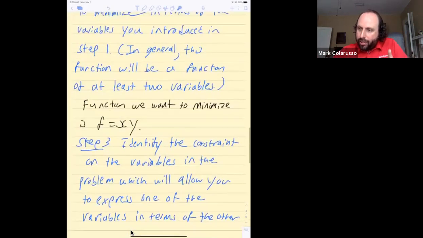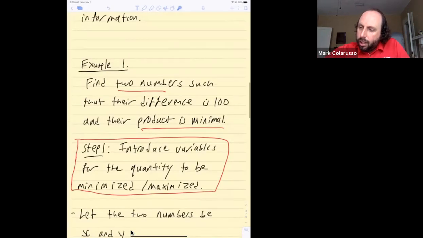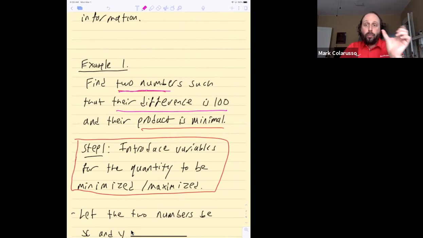So let's go back to the statement of the question and see if we can identify the constraint. Find two numbers such that their difference is 100 and their product is minimal. So these two numbers have to have the property that their difference is 100. And that relates these two numbers, x and y. That gives us a constraint on these variables.